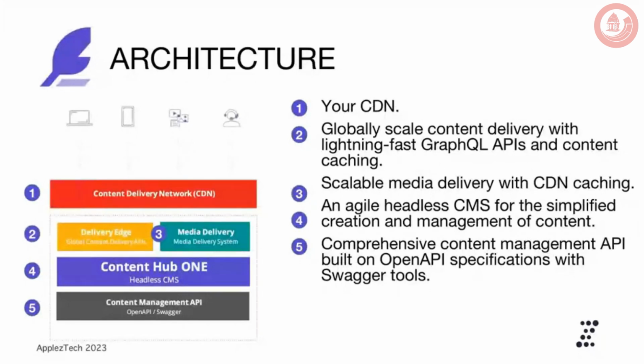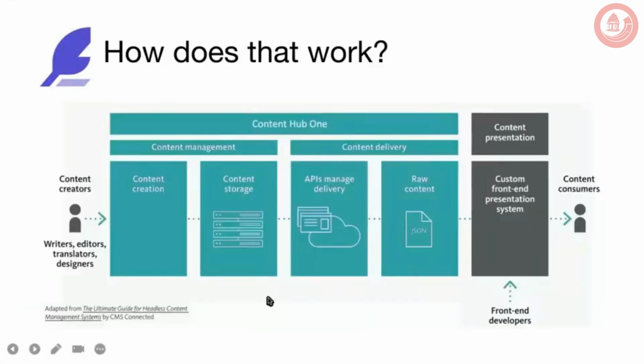Then we have our Content Hub 1, and we have a set of APIs, could be a GraphQL API or an open API application, that handles the different operations of maintaining and creating content and delivering that in Content Hub 1. So as you will see from an architecture perspective, there's a clear separation between the two.